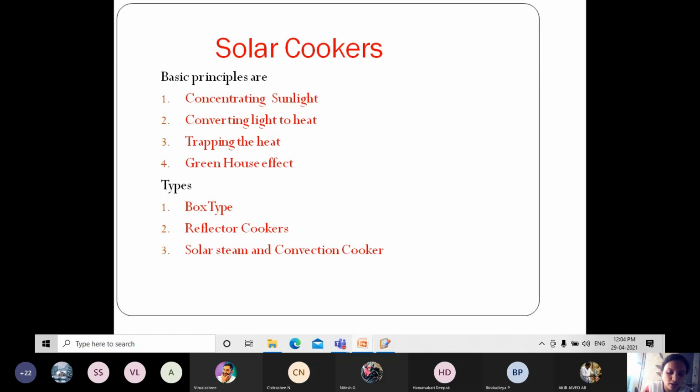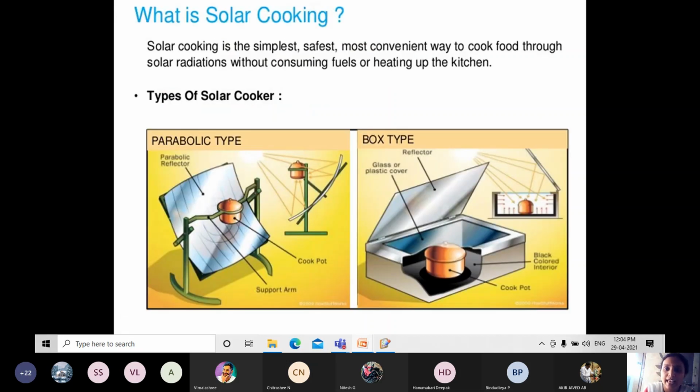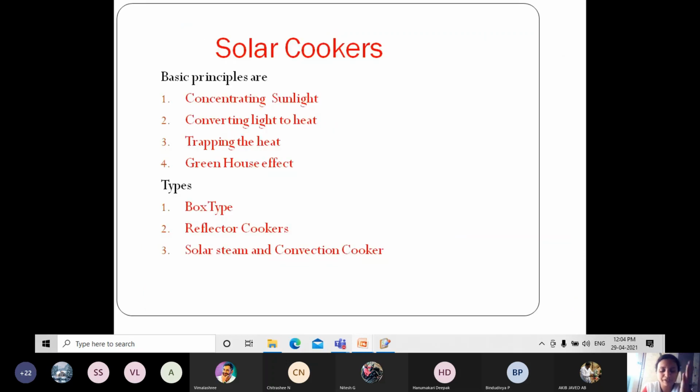What is the greenhouse effect? Glass transmits visible light. If we use any solar cooker, you can observe that glass is provided. When we use a box type, glass is provided. That will transmit visible light, but it will block infrared thermal radiation.